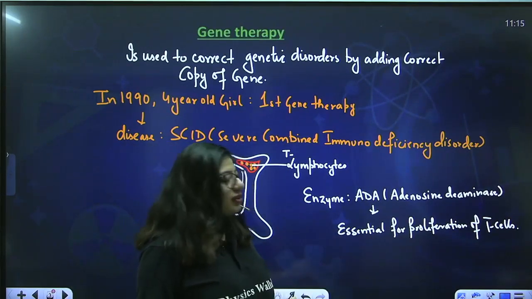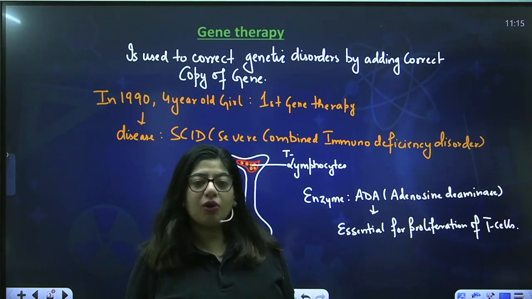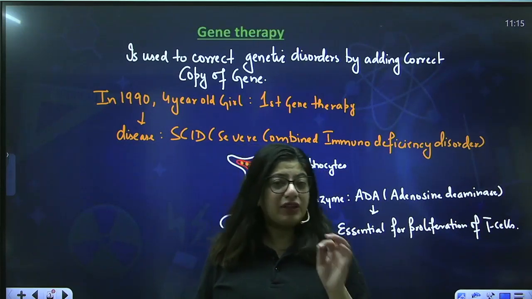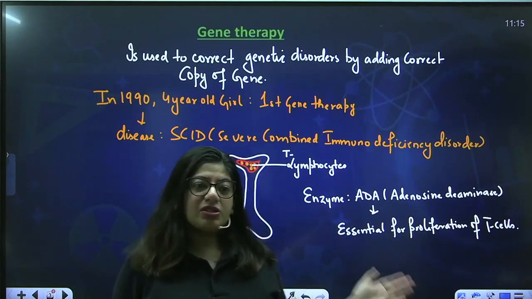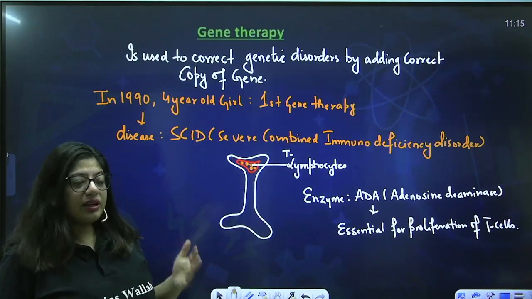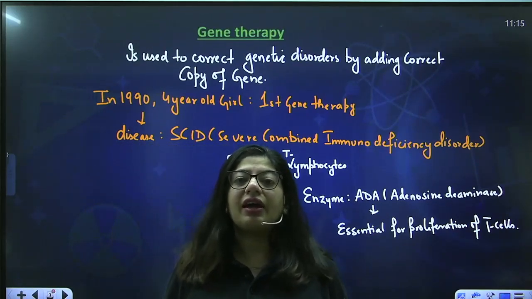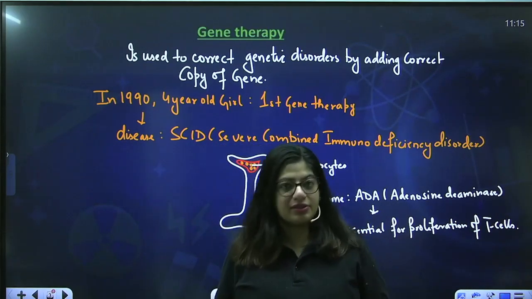And if T cells are not formed properly, the person's defense system is not working properly, because T cells are very important in your immune responses. If T cells are not working properly, then the person's immune system will go down, leading to this disease known as SCID. So in SCID, a person's immune system is not functioning properly. As a result, the person can catch a lot of other diseases like tuberculosis, pneumonia, and so on, right? Why?